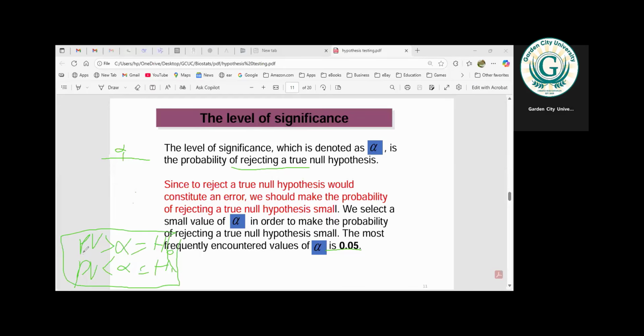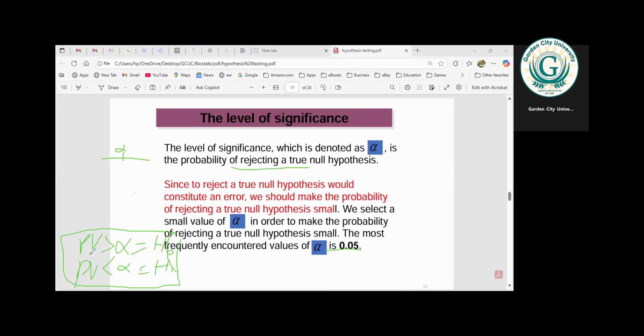Okay, sir. Please, I want to find out at which point do you reject the null hypothesis? Is it when the probability value is less than the null hypothesis, or when it's greater than? No, you don't deal with null. You compare it with alpha.